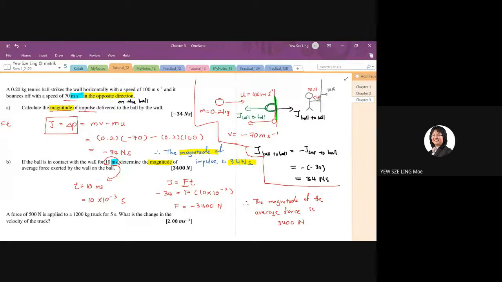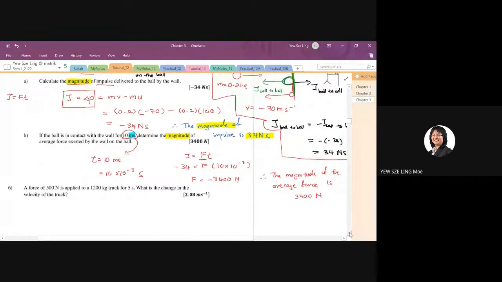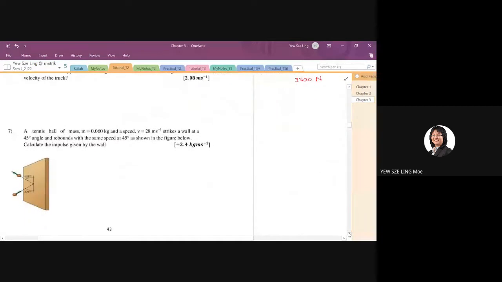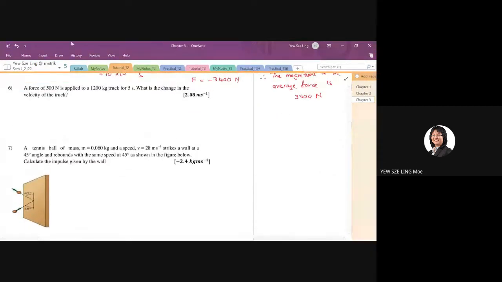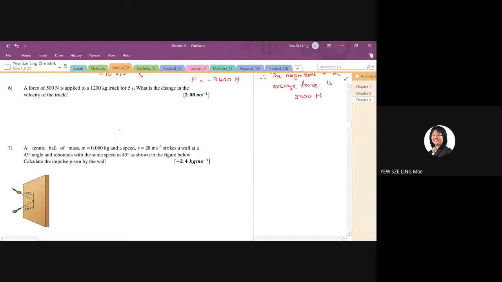Okay, next. Next is question number 6. A force of 500 Newton is applied to a 1,200 kg truck for 5 seconds.